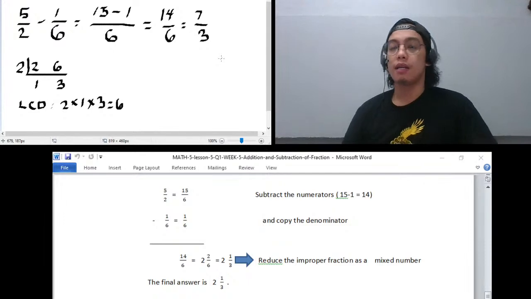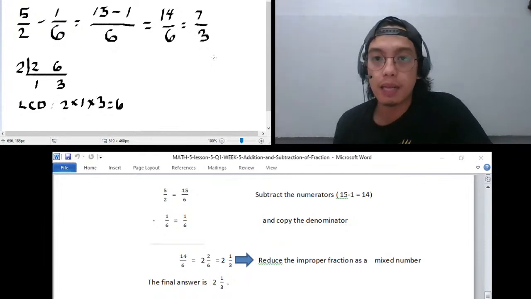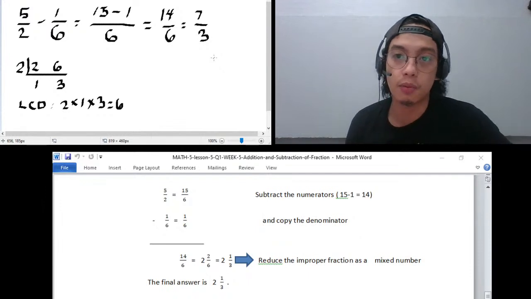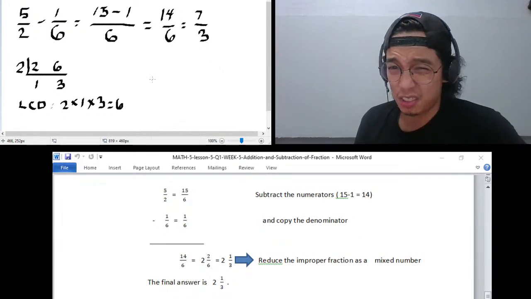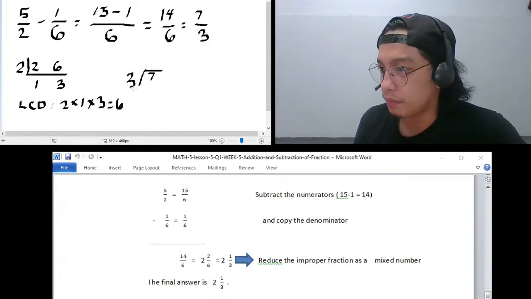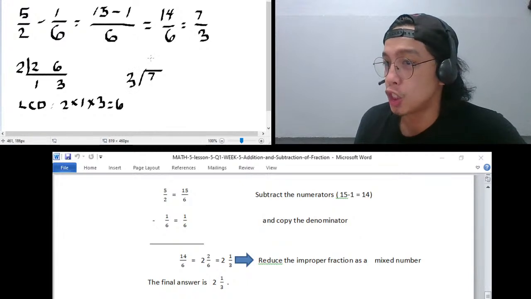It's correct. Now, they say that if it's an improper fraction, mas dako ang numerator sa denominator, so himon og mixed form. How to do that? Divide. 7 divided by 3 is 2. 2 times 3 is 6. 7 minus 6 is 1.